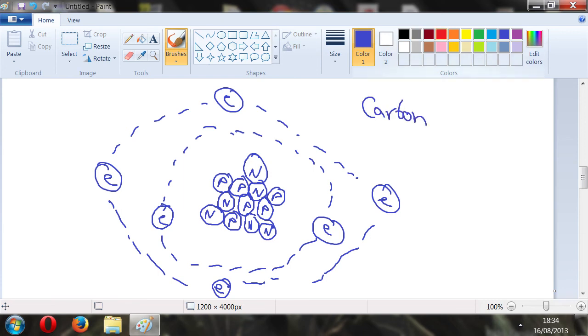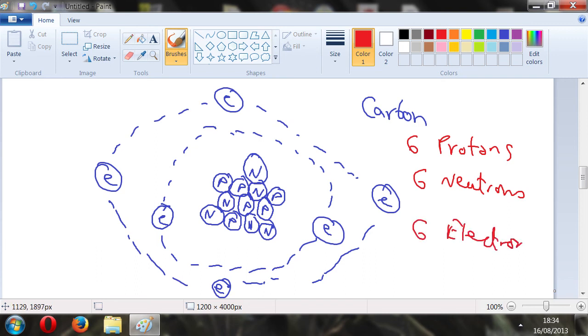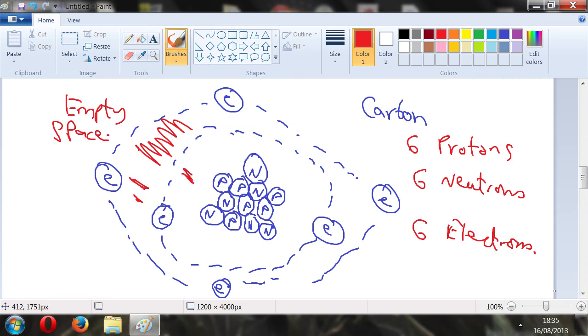Let's go back to red. We can see we've got 6 protons, 6 neutrons, and 6 electrons. The important thing to realise is that there's a lot of empty space around all these particles, in the middle of the rings and stuff like this.